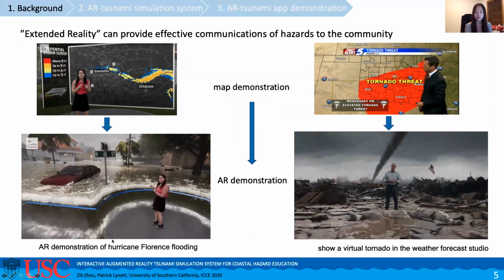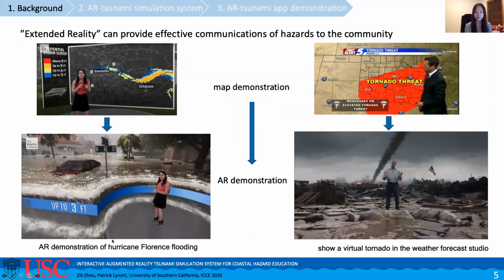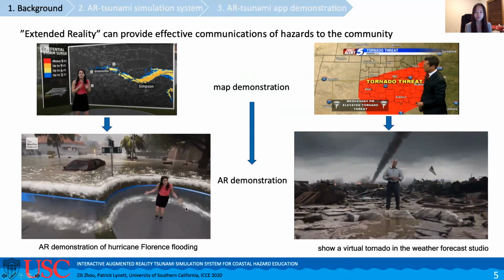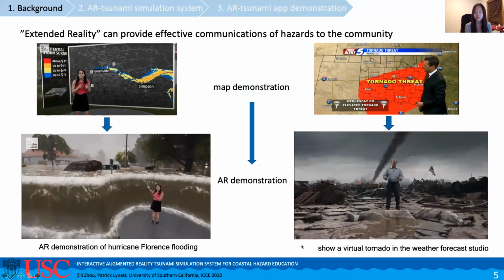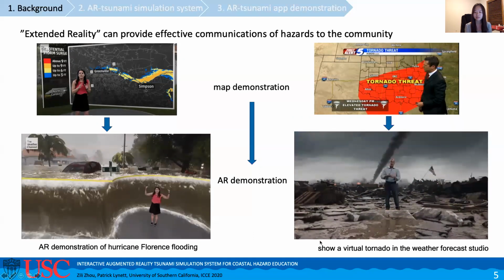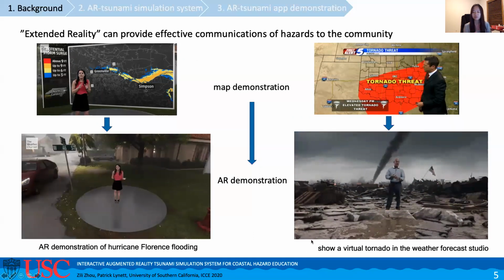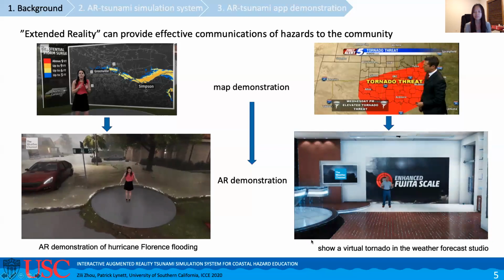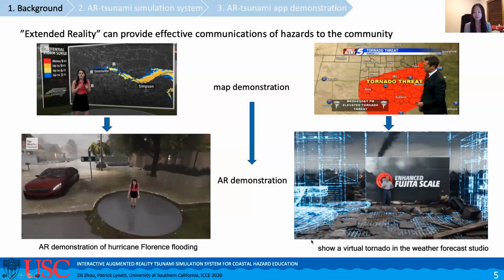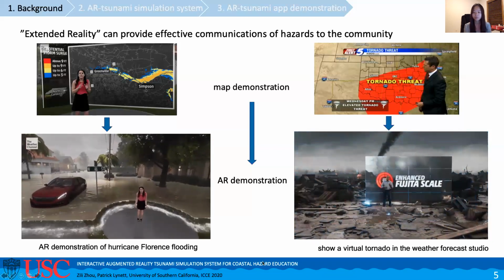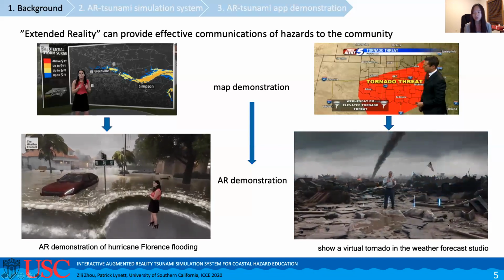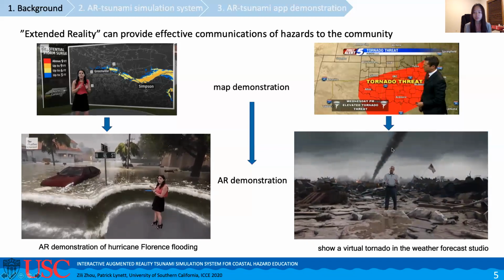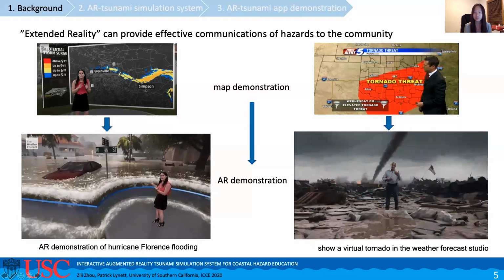And the water level is even higher than the weather forecaster. In the right video, you can see that the weather forecasting studio environment has blended into the scene of a tornado. And the debris is everywhere, and the tornado is still destroying the city in the background.